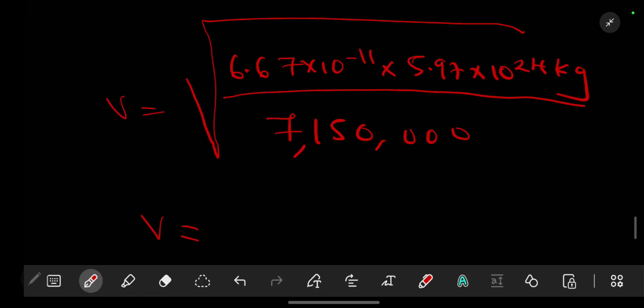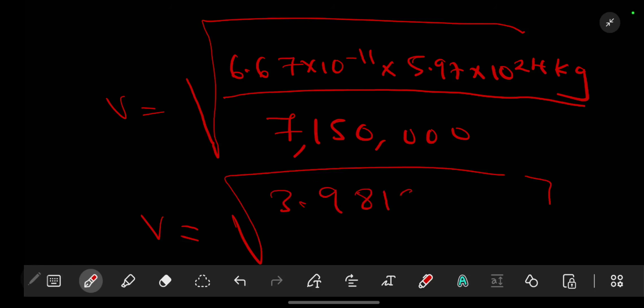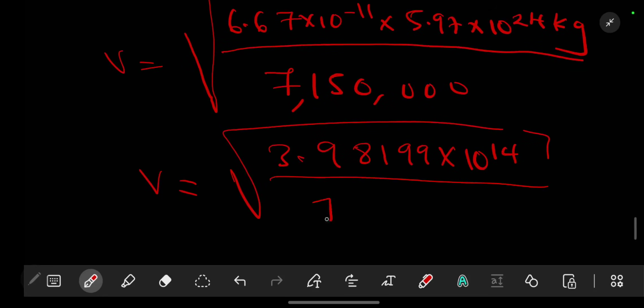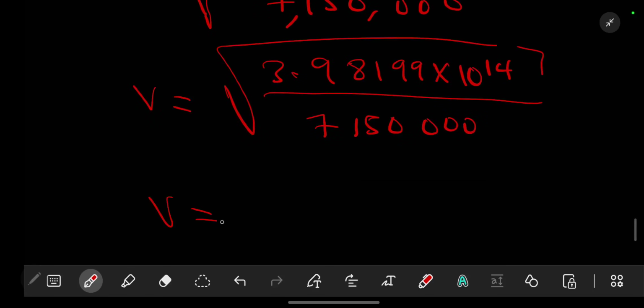On top, 6.67 times 10 to the power of negative 11 times 5.97 times 10 to the power of 24 gives 3.98199 times 10 to the power of 14, over 7150000.